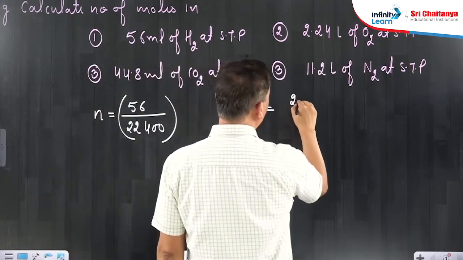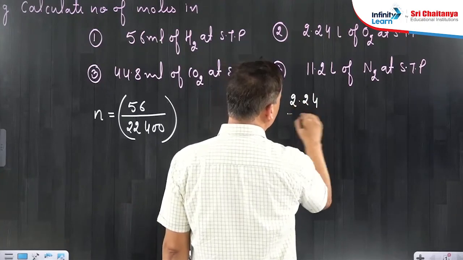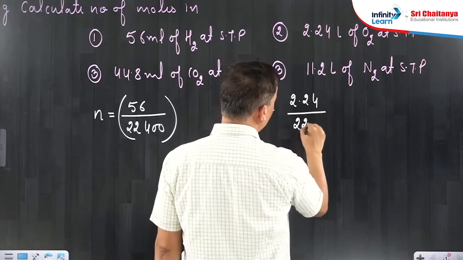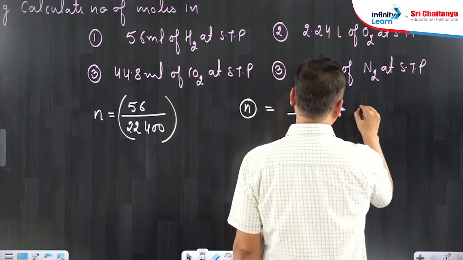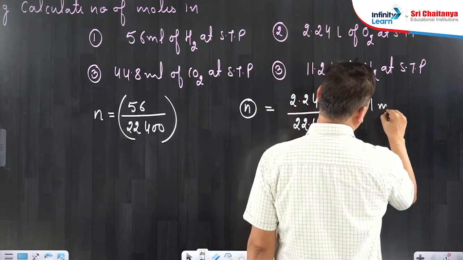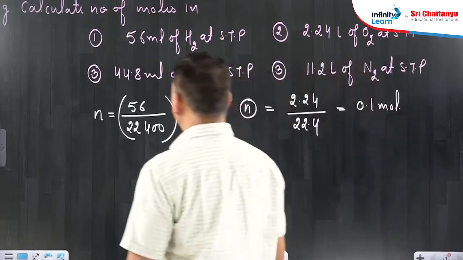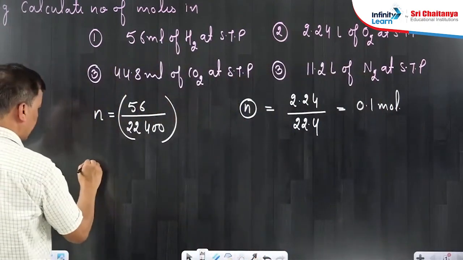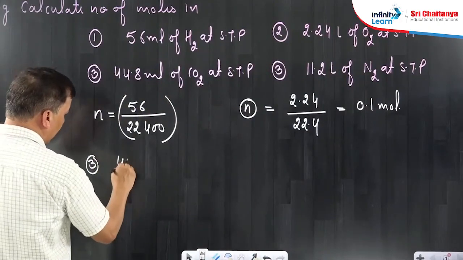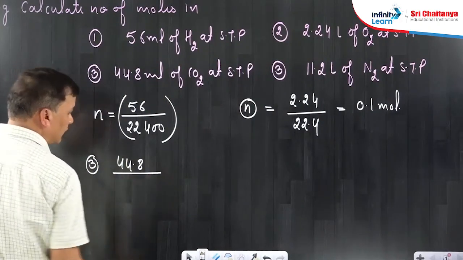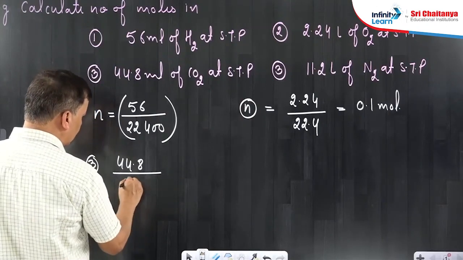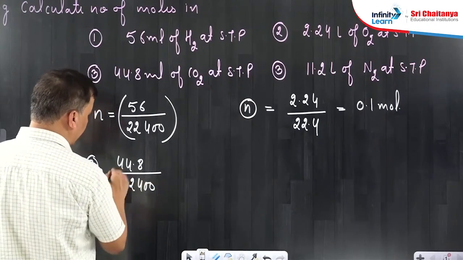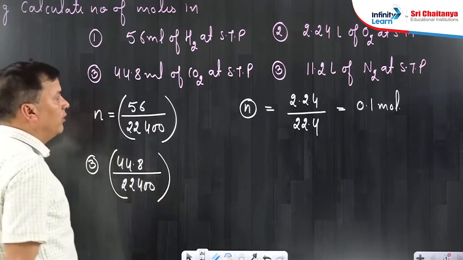Here is 2.24 liter divided by 22.4, and that is equal to 0.1 mole. And the third one is 44.8 ml. So what do we have to divide by? 22,400. These are the number of moles.